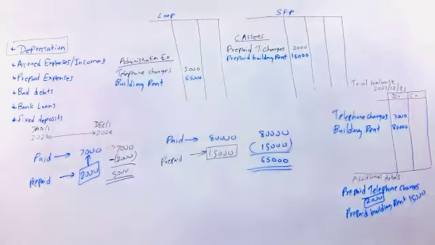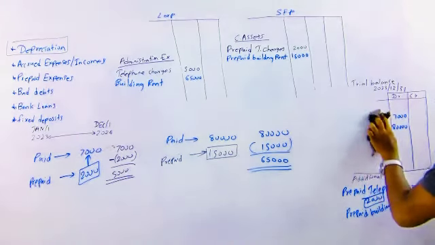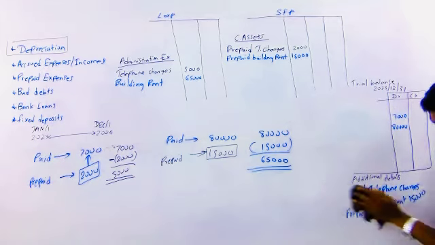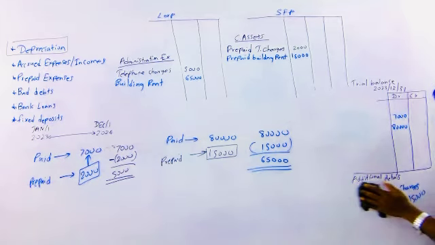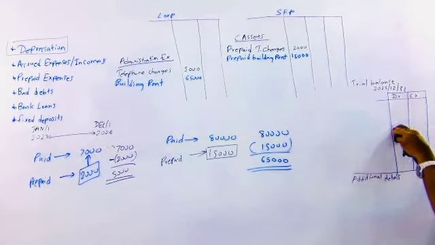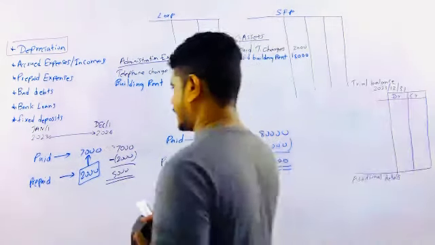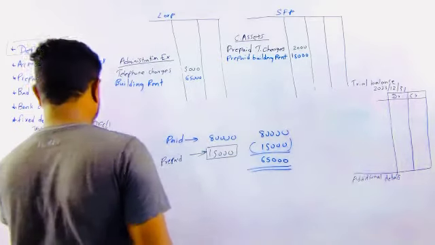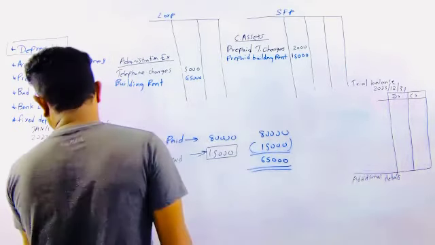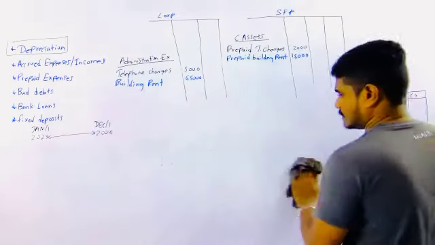Now we are going to talk about bad debts, right? What's the meaning of bad debts? What is bad debts? Bad debts means, we sell products on credit, no? So then debtors increase, right?